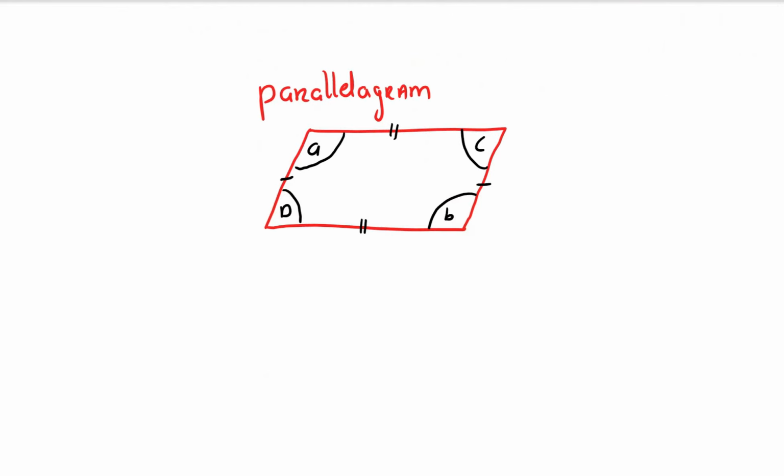However, it has 2 opposite sides that are the same length and parallel to each other, and it has 2 other sides, top and bottom, which are parallel to each other and the same length. It also has 4 angles, and the opposite angles equal each other. So B and A equal each other, and D and C equal each other. Okay, thanks.